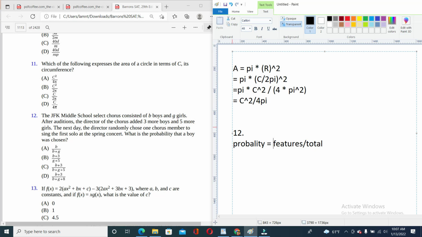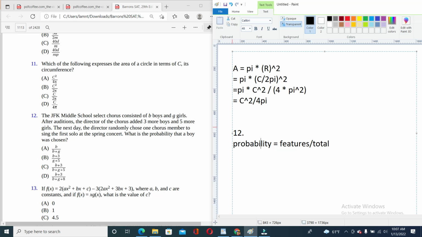They ask about the probability of a boy being chosen, so the probability is the number of boys divided by the total number of pupils.